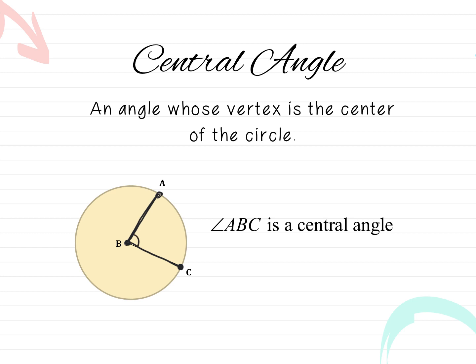So angle ABC is a central angle. Again, an angle whose vertex is in the center is considered a central angle. What happens is when you create this angle, you're going to notice that your circle now has kind of been broken.